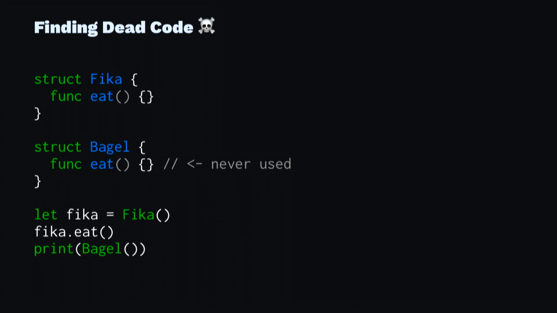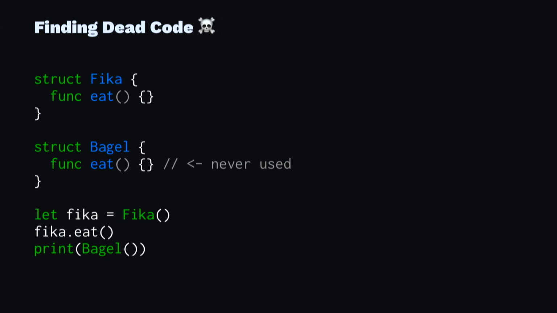And one of them is finding dead code. So for example, say you have these two structs. You have Fika, which is effectively like a Swedish pastry, and then on it you can call an eat function. You have a Bagel, which you can also eat. And in this source code, obviously we're drastically simplifying here, but say you have an app with 100,000 lines of Swift code, right?